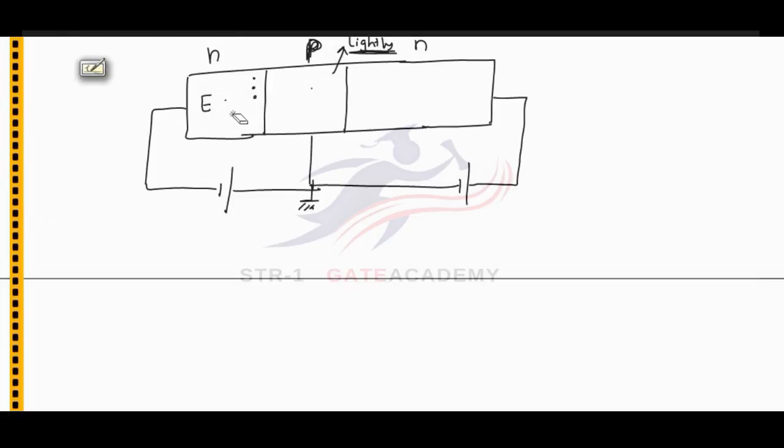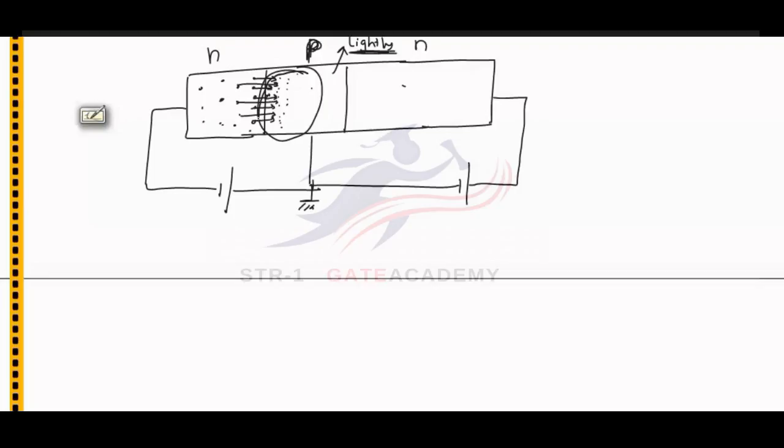If the base emitter junction is forward biased, then the majority charge carriers from the N-type region will be injected into the base region, and when these charge carriers are injected, there will be a large number of electrons in the base region. The concentration of electrons in the base region will be very large as compared to the concentration of electrons in the other region.